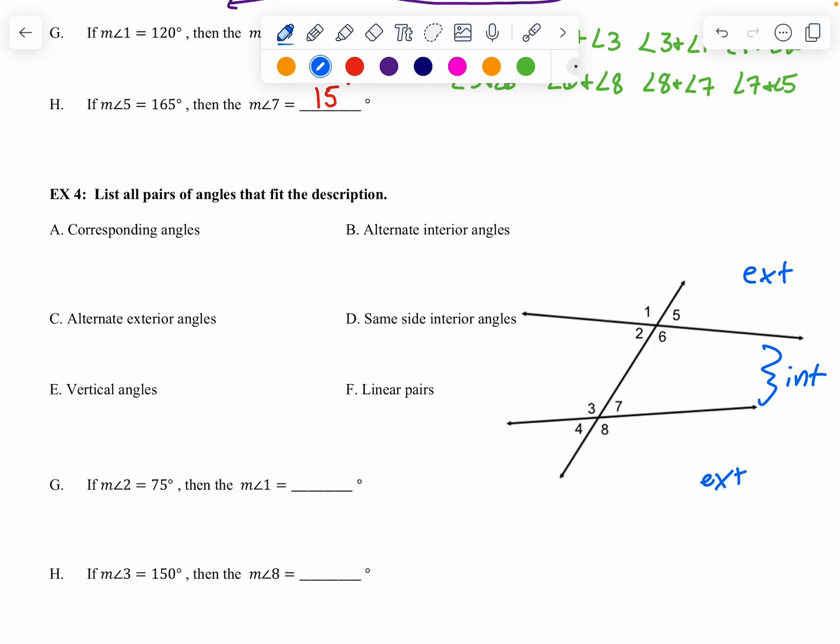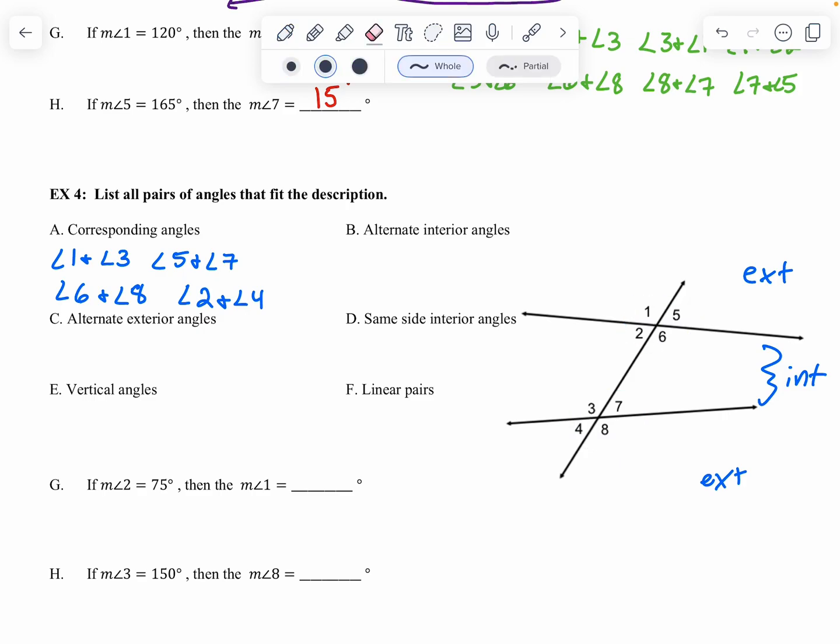So corresponding, they're in the same parts. If I look at my groups, 1 and 3 are both the upper left hand. 5 and 7 are the upper right hand. 6 and 8 are the lower right hand. And angle 2 and angle 4 are the lower left hand. Now we've got alternate interior.